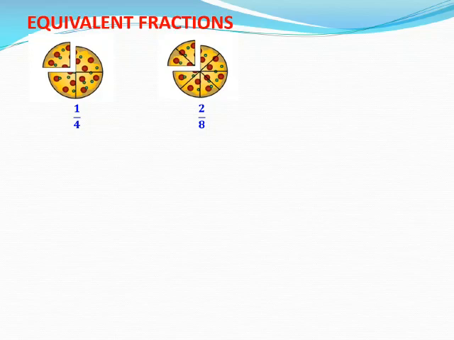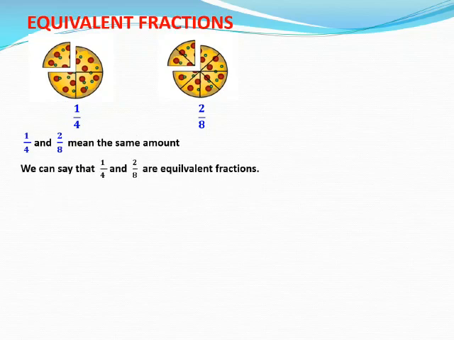We can see that both ate the same amount of pizza. 1 by 4 and 2 by 8 mean the same amount. We can say that 1 by 4 and 2 by 8 are equivalent fractions, which means 1 by 4 equal to 2 by 8. What are equivalent fractions then?